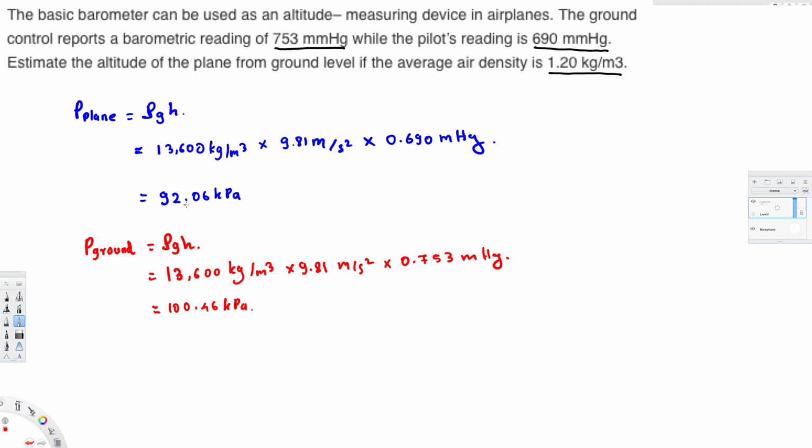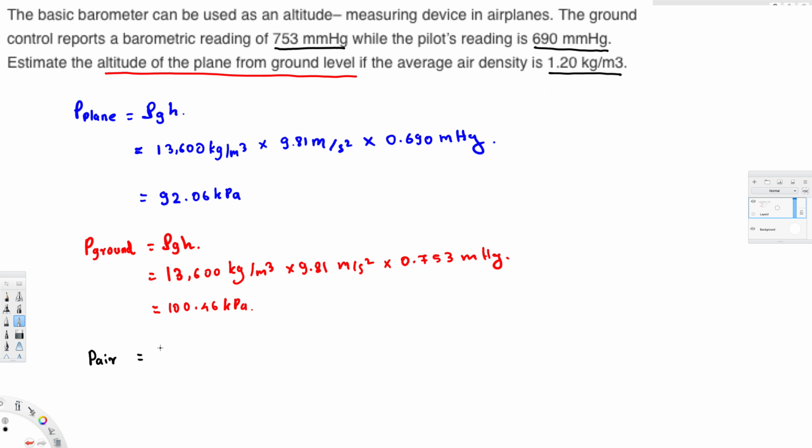So how can we use this to find the altitude of the plane from the ground level? That is what they are asking. So let's see how we can do this. If we can find the pressure of the air, P air, that's going to be the difference of these two.